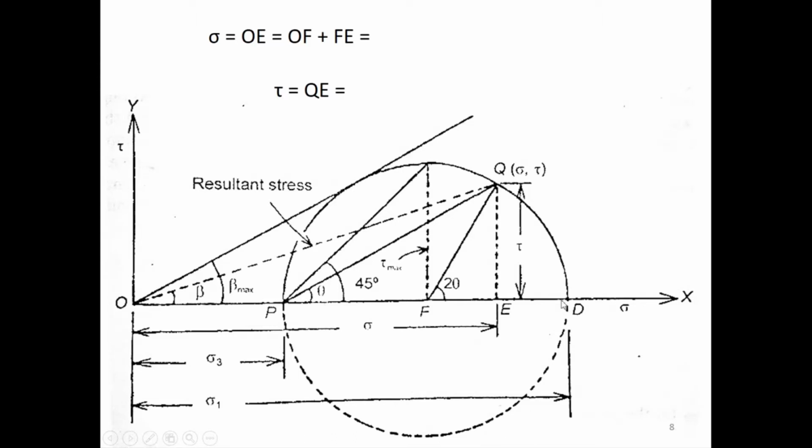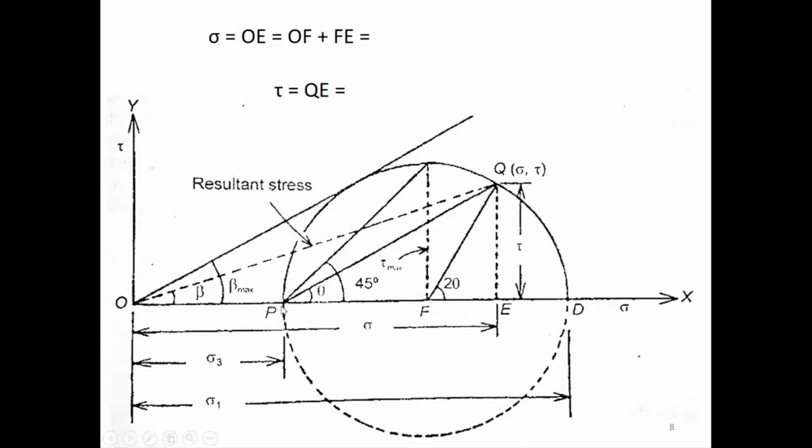This circle represents the system of stresses, right? Now the point O is called the origin, point P is called the pole, okay? So from the point P, if I draw a plane inclined at any angle, let us call it theta as of now.